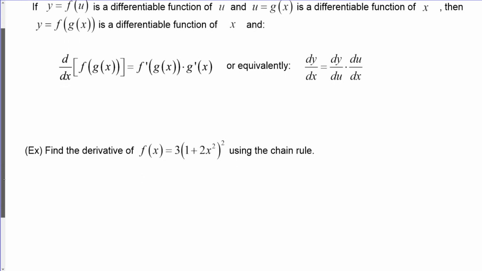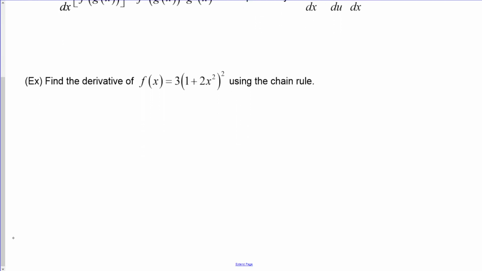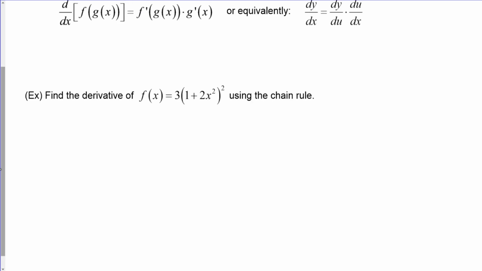So let's go back to our problem from the previous slide and take a look at what this derivative would be. To evaluate this derivative using the chain rule, what I'm going to do is observe that I have this inner function u, which is 1 plus 2x squared. Now it's called g of x up above, but I'm going to stick with u for right now.